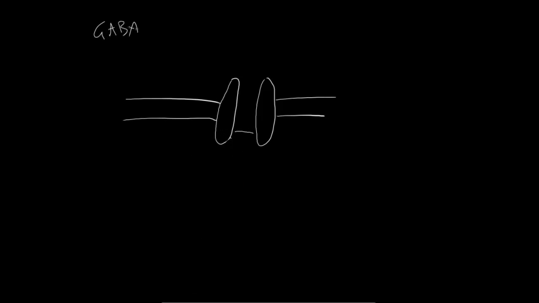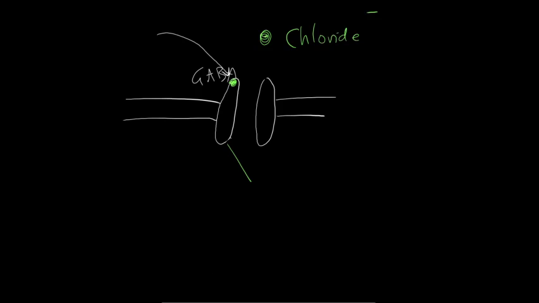GABA lands on the receptor, it attaches to a binding site, and when the GABA binds, then this gate is opened, and so chloride ions, which are negatively charged, can then enter the cell, and so the cell membrane is hyperpolarized and inhibited from firing.